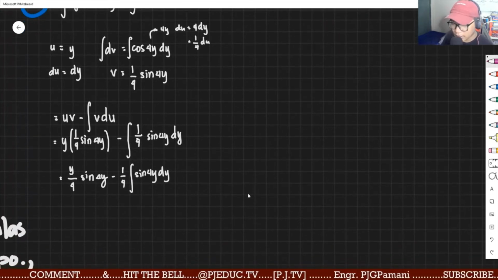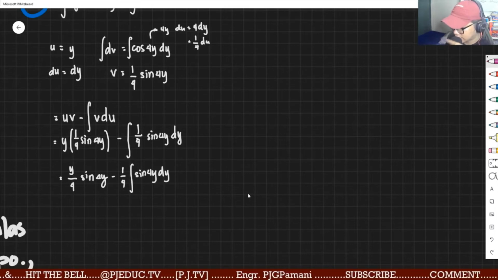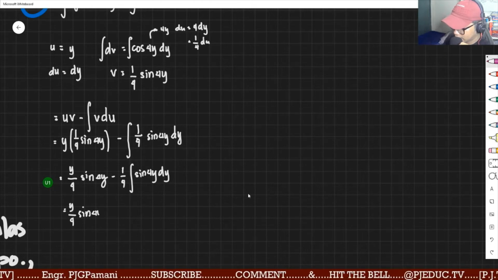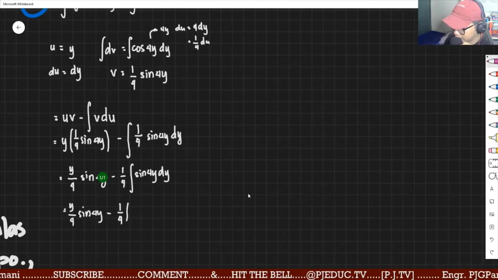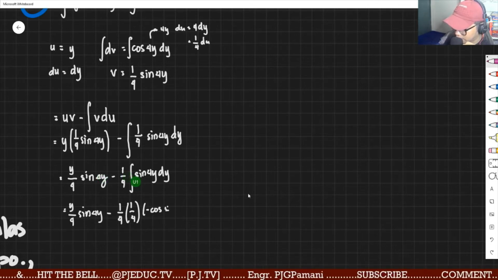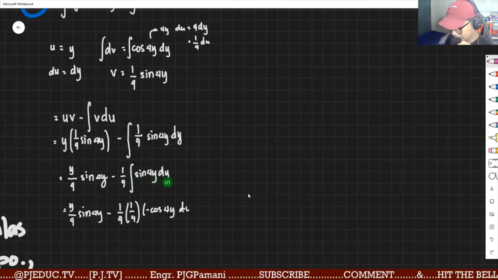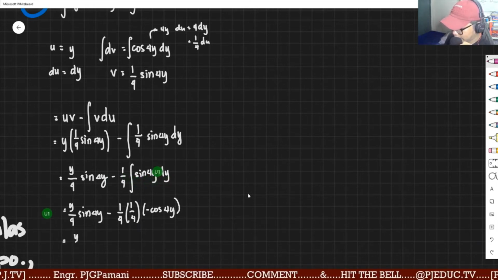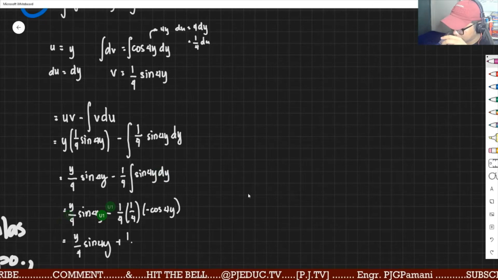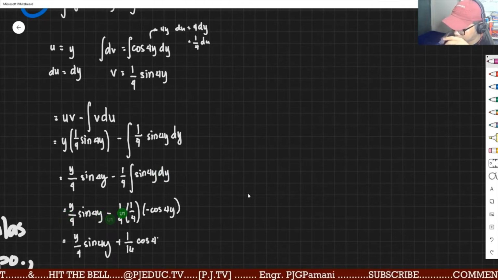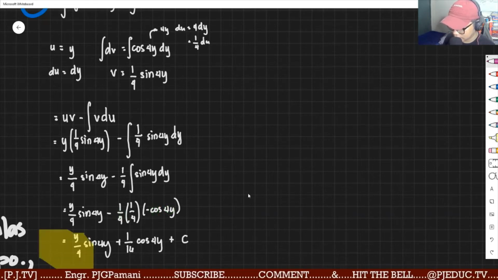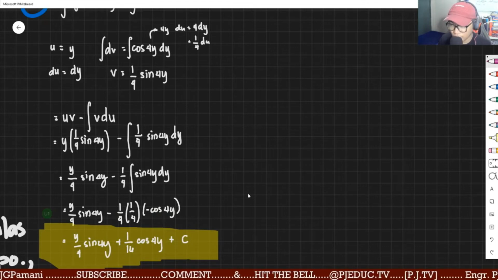Integral of sine is simply negative cosine. So, that is y over 4 sine 4y minus 1/4 times 1/4 times negative cosine 4y. Simplify, you have y over 4 sine 4y plus 1 over 16 cosine 4y plus your integration constant. So, yan na ngayon yung ating final answer.